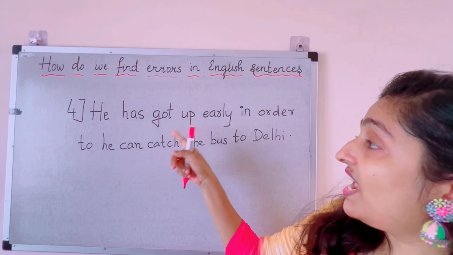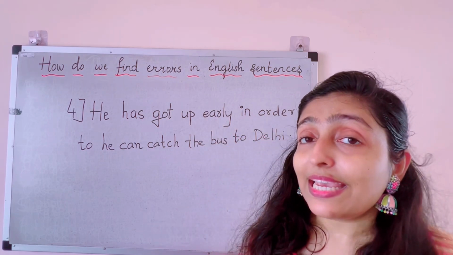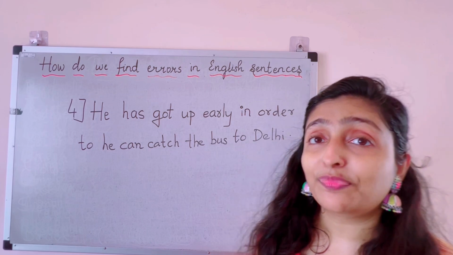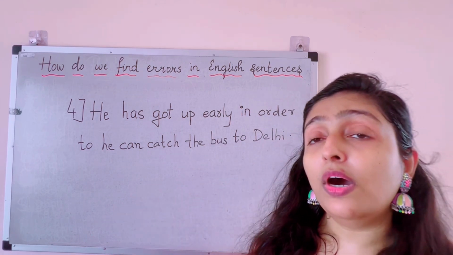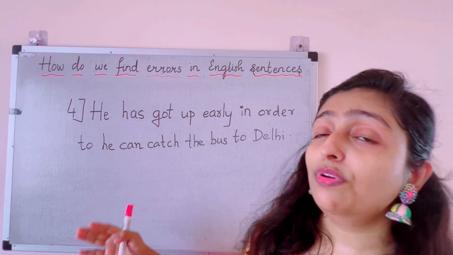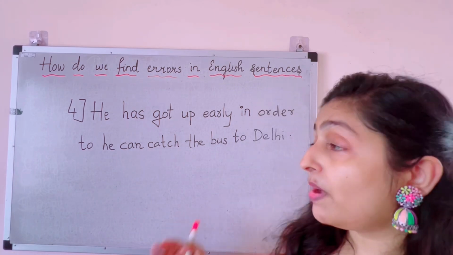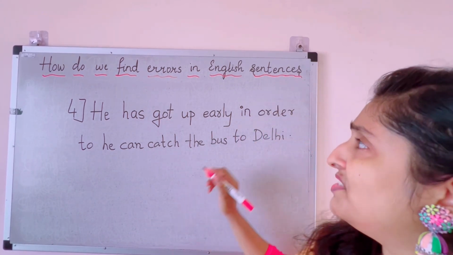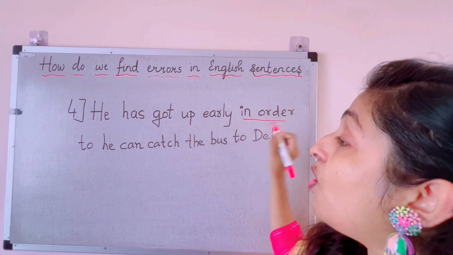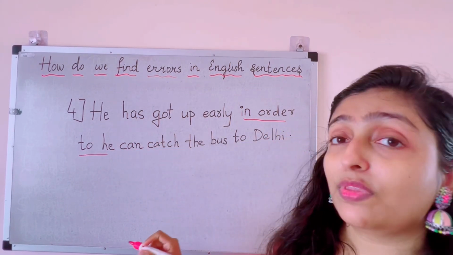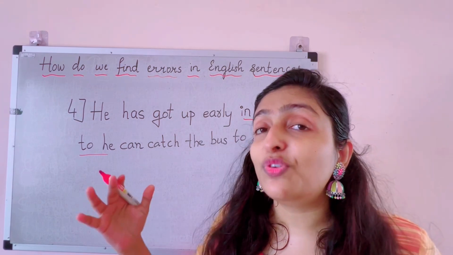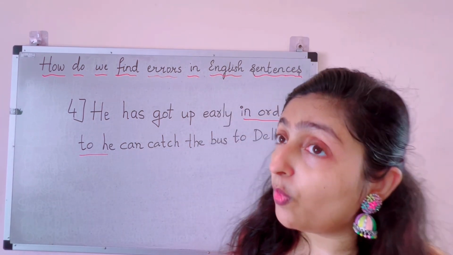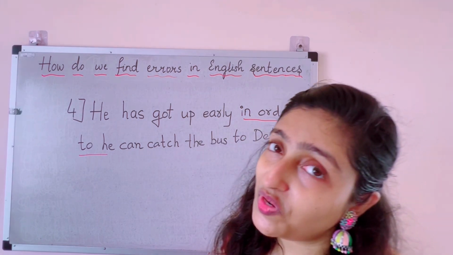Next is, he has got up early in order to he can catch the bus to Delhi. Now, what is the error in this sentence? It is in order to he. Okay, you have to use the infinitive form of the verb with in order.